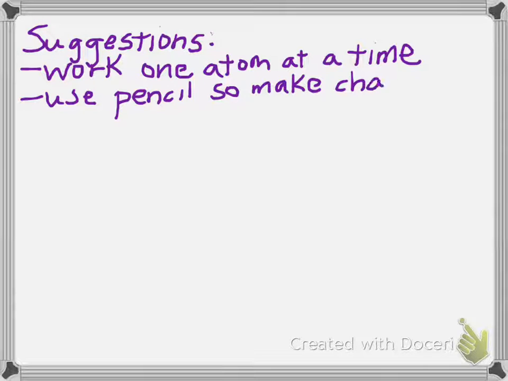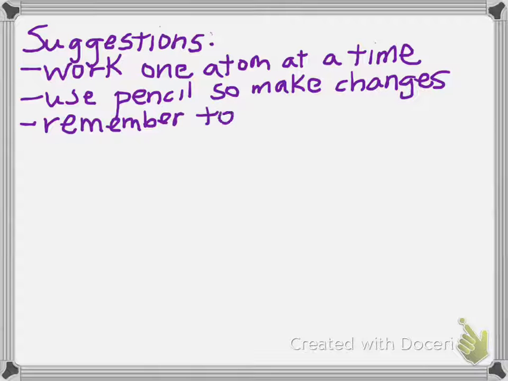Again, you're going to have a small space in front of your chemical formulas. You're not going to have a lot of space to scratch things out. Remember, when you think you're all done, to double check.